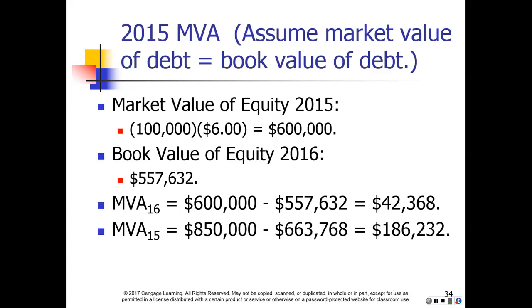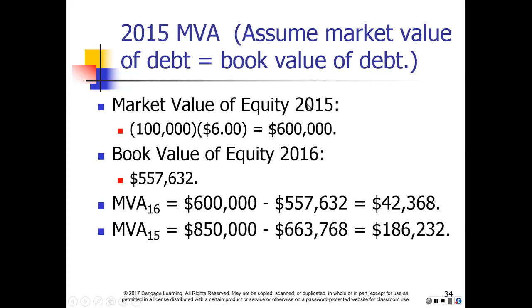In 2015, the market value of equity was the stock price of $6 times 100,000, which gave you 600,000. In 2016, the book value of equity was 557,632.